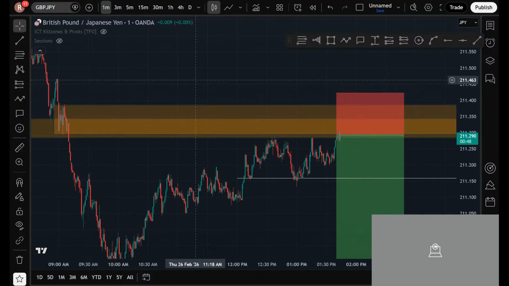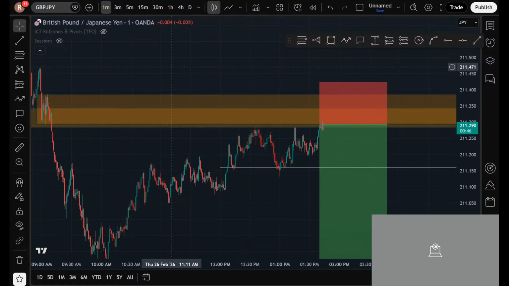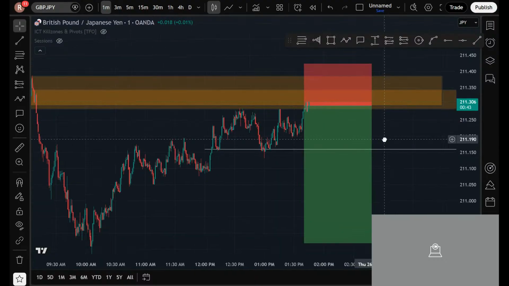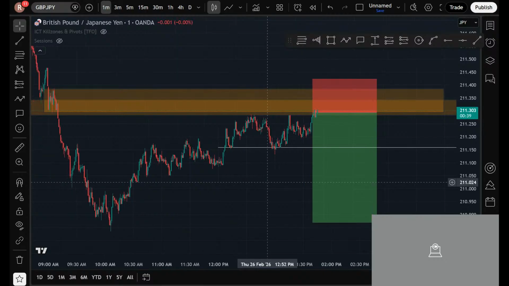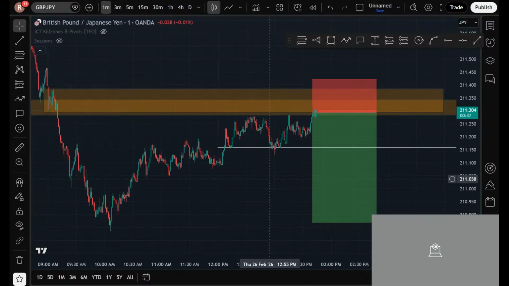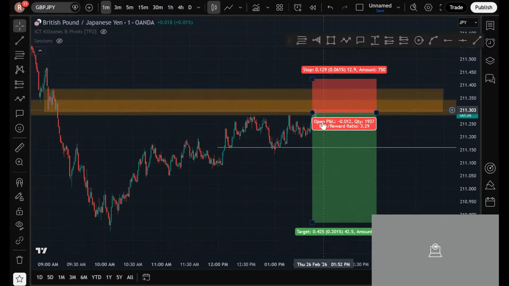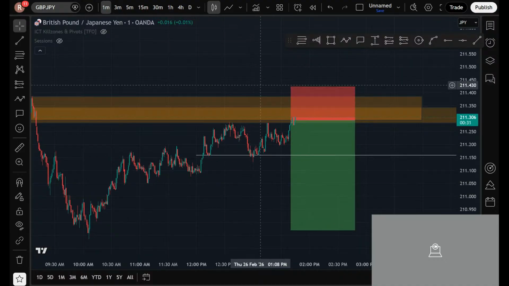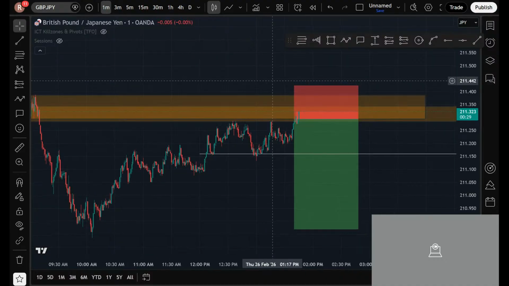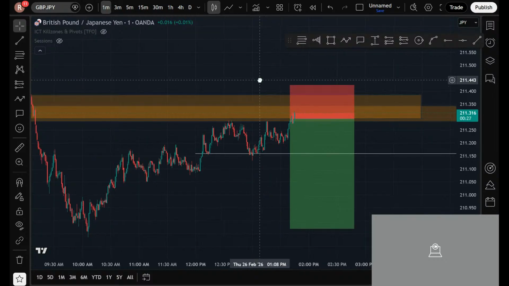I chose this just to refine my entry, or say tighten my stop loss to get more risk to reward ratio. Yeah, let's see how this plays out. It's just like a testing trade, a trade that I just test.